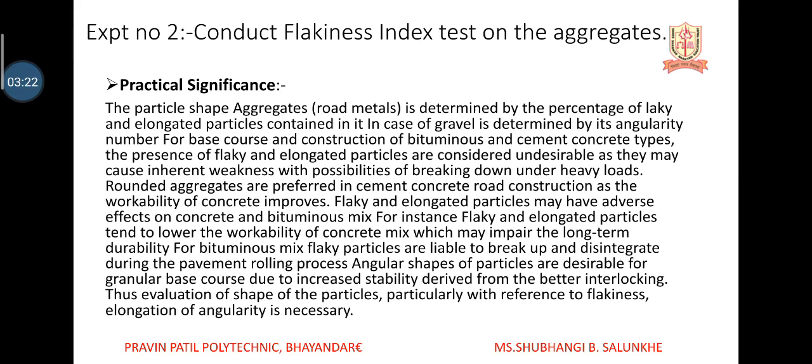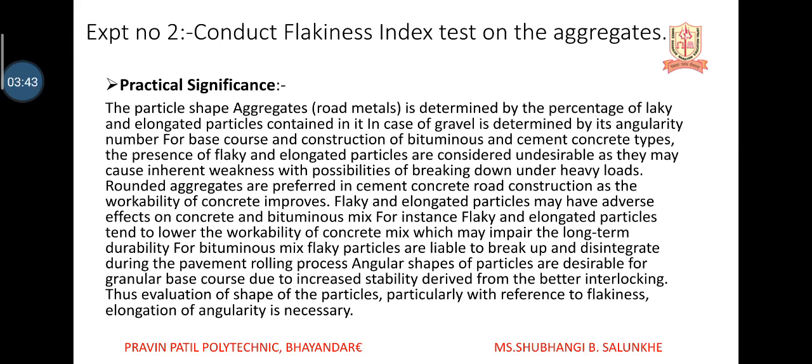The angular shape of the particles is desirable for a granular base course due to increased stability derived from better interlocking. If the aggregate is angular, then it will be good for our road because it will increase the interlocking. Because of this interlocking, the stability of the road is obviously going to increase.